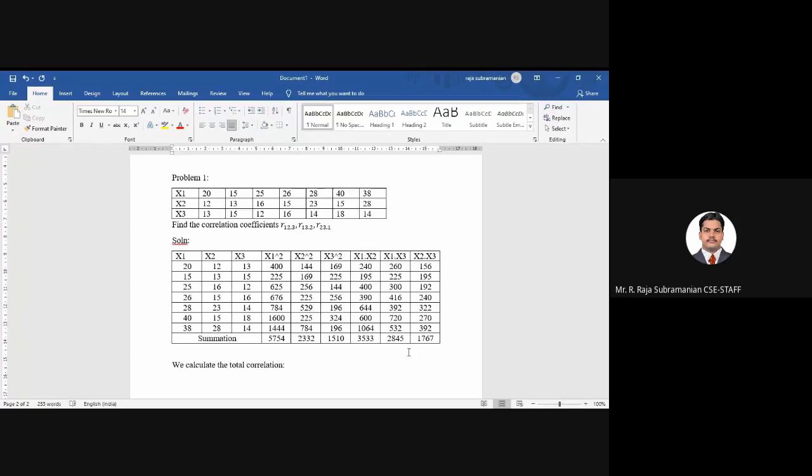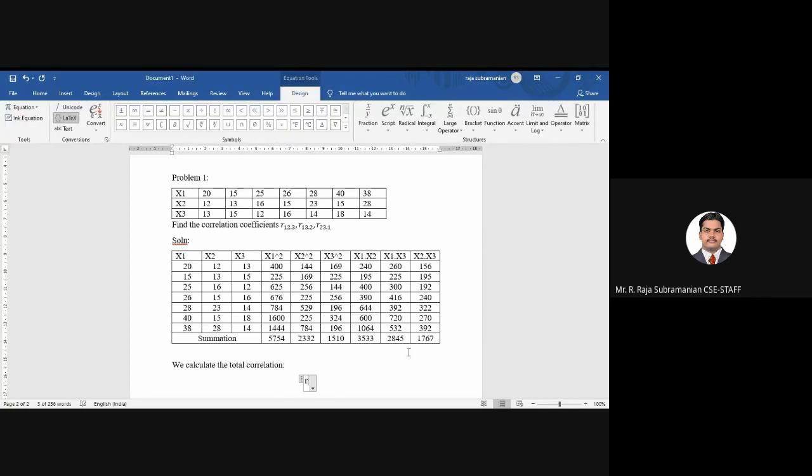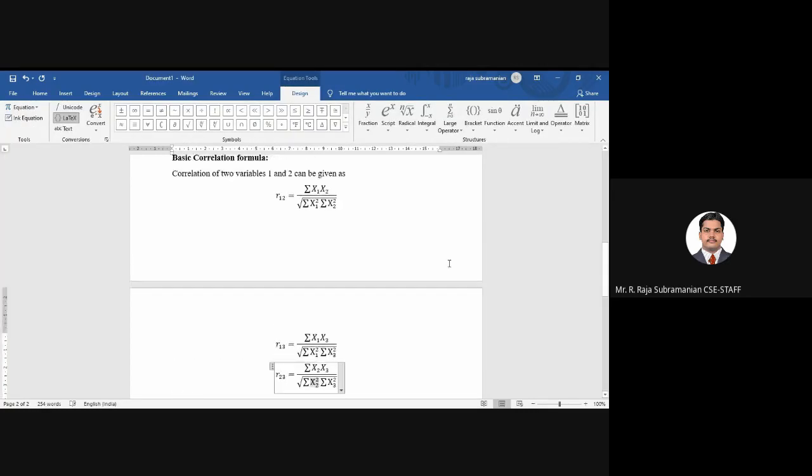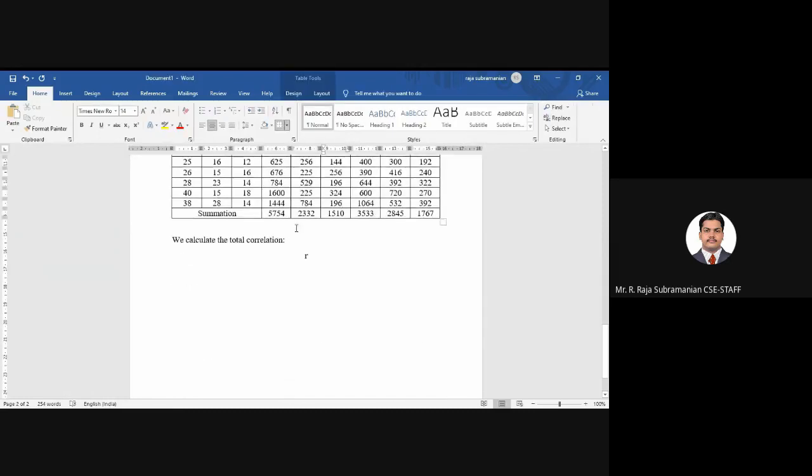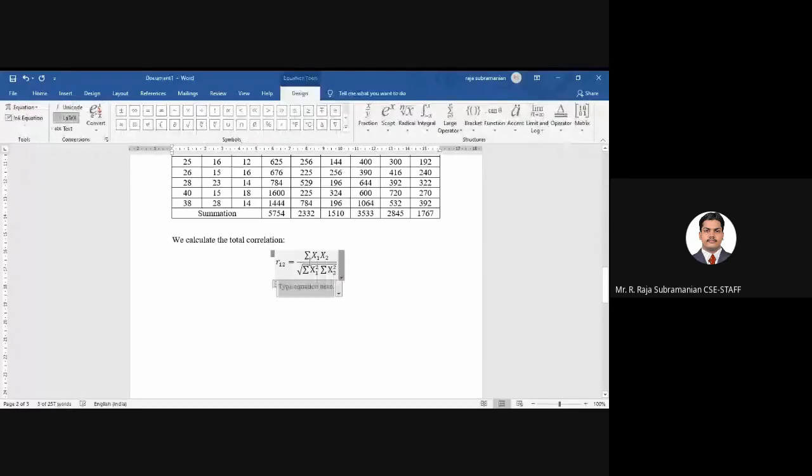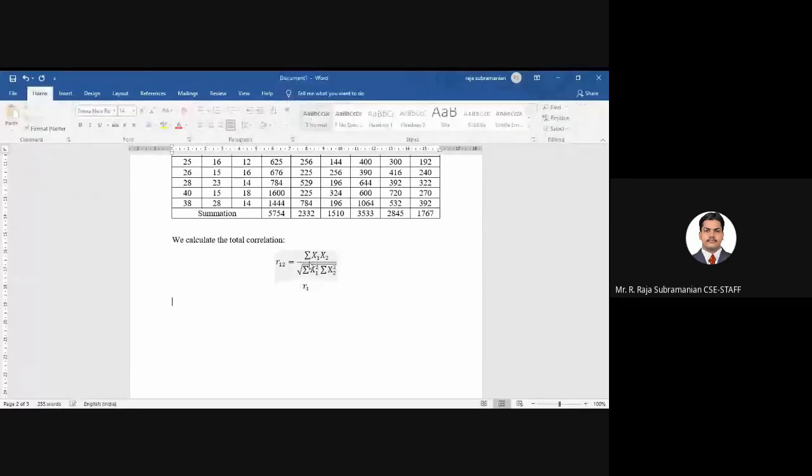So we just find R12. What is R? We can take the formula from there. This is R12. So what will be the value for R12? We take summation x1, x2 as you said.